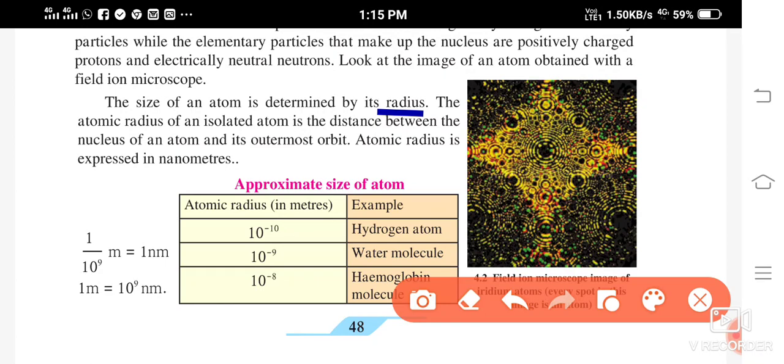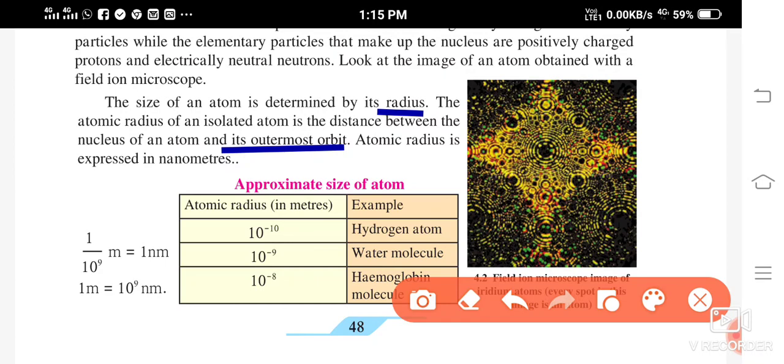Here, it is the distance from the nucleus to the outermost orbit.